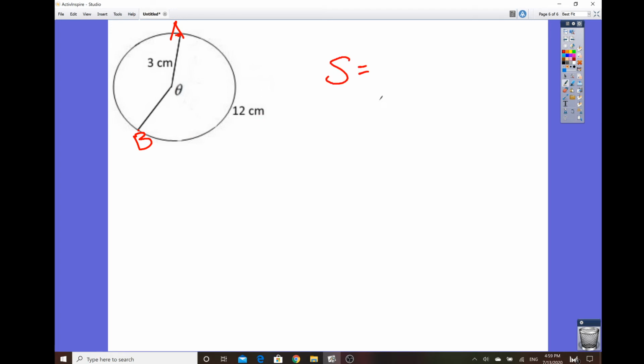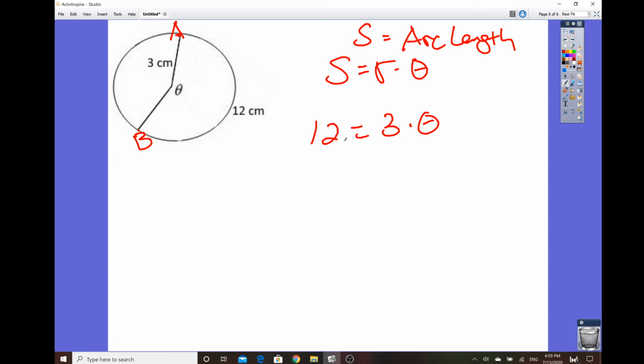The way to find the arc length is always the radius times theta. There's a proof for that, but you don't need to know the proof. I just want to show you the formula. This is called the arc length, where S is the arc length. The radius is 3. Theta we don't know. The arc length is given already, so it's 12.